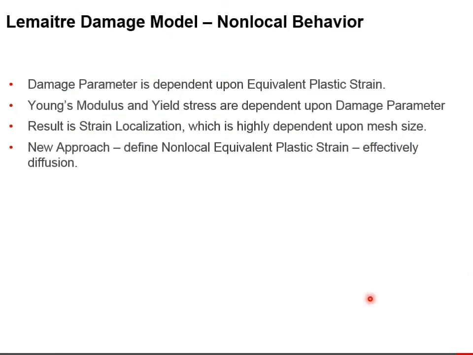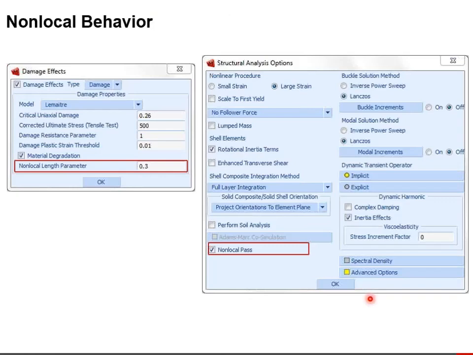Another addition on material behavior has to do with the Lemaitre damage model. Often when people deal with damage models, they find that they get different results based upon their mesh. So we've introduced something we call a non-local strain. Rather than looking at the plastic strain at a particular integration point, we come up with a smooth plastic strain, and then we use that in the damage model.